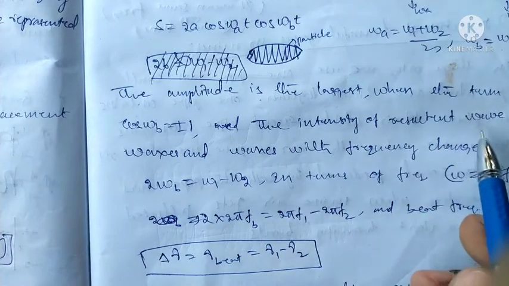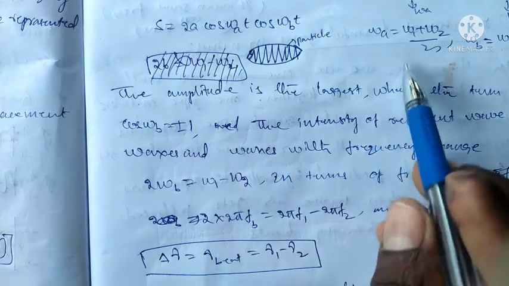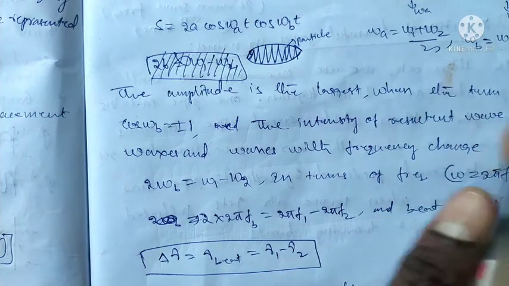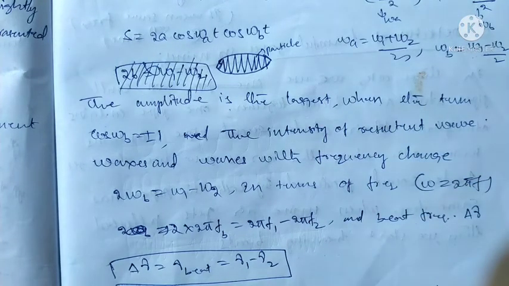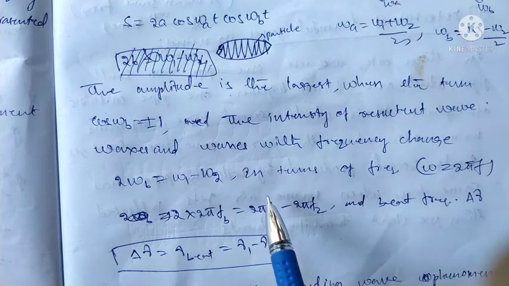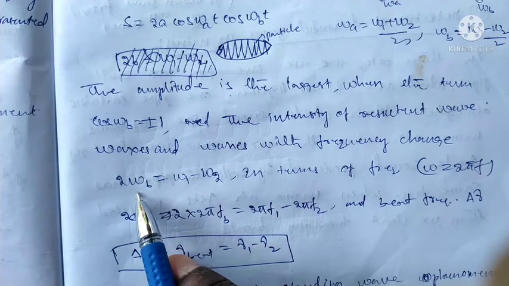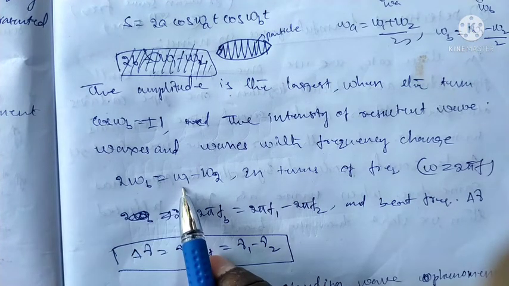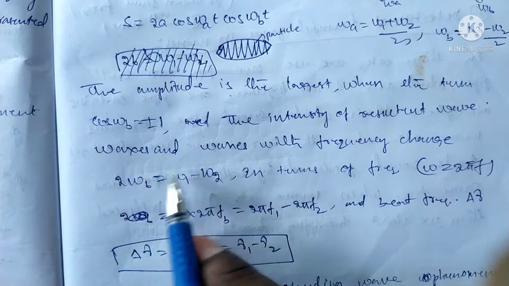The intensity is related to the maximum and minimum. This is the maximum, this is the minimum, this is the minimum, this is the maximum. Both will be in the beats equation. Okay, from this equation we can find the beat frequency, that is f1 minus f2, or omega 1 minus omega 2 in terms of angular frequency.